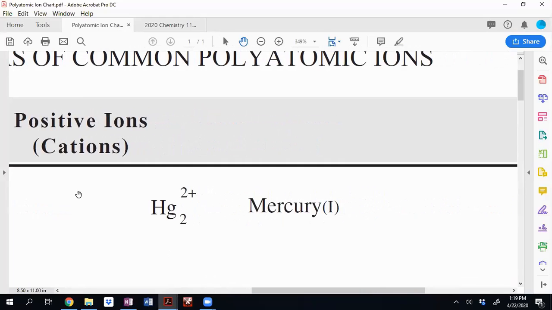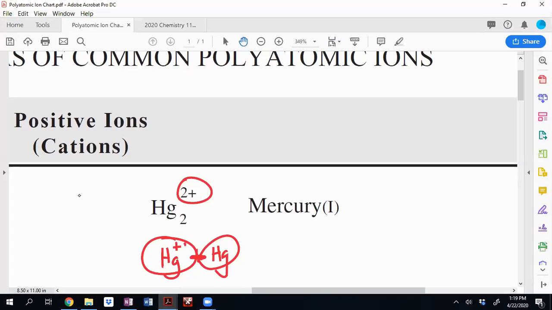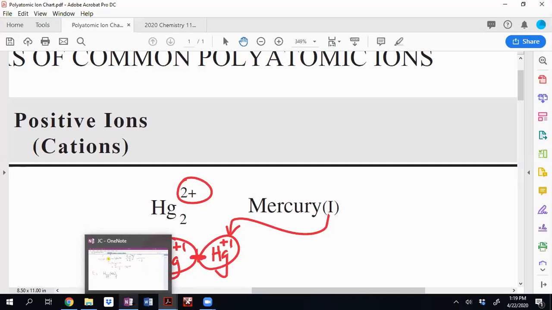Mercury 1 has a 2+ charge. And that's because it's made up of 2 mercury atoms bonded together, each of which has a +1 charge. And that's why it is Mercury 1.